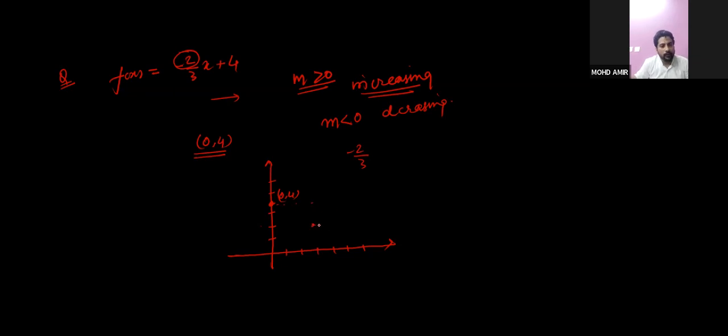Then if you move 3 units right, we will be moving 2 units down. These are the points. Now I think we have enough points here, so we can plot the graph. Due to lag, I cannot even draw a straight line. Okay, so here we will be mentioning that the function was -2/3 times x plus 4.